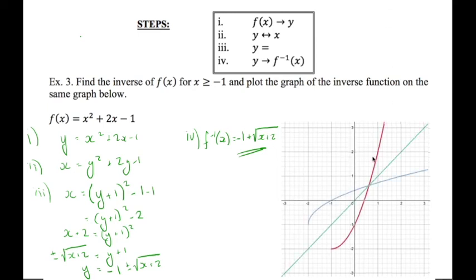We're going to first make sure we plot our y equals x line, this green line. You can do it as a dashed line if you like, to remind you that it's acting as a mirror. And then we can plot our inverse, and just make sure you label them all. So this would be our original function here, our f of x. This is the line y equals x, and this is our inverse.